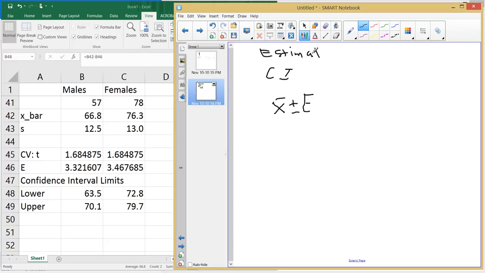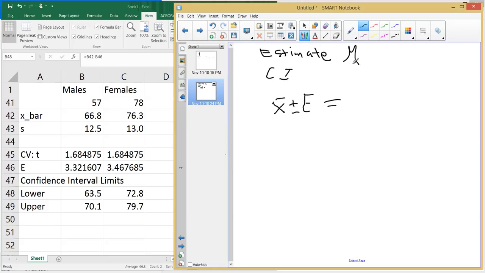I don't know why I'm writing all this out, because I could be typing it. Some things I need to draw, but this I do not need to write out with my mouse. But I'm going to keep doing it because I already started. Estimate mu, like that.